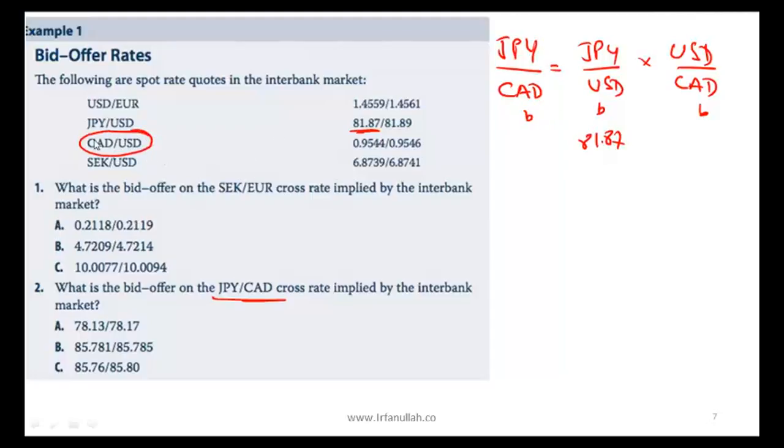So we are quoted this rate with USD as the base, but we actually need the Canadian dollar as the base. So what do we do? The way you can think of this is as follows. If the base currency is USD, that means the interbank market is giving a bid. So they would buy for this number. 0.5944 is the price of what?